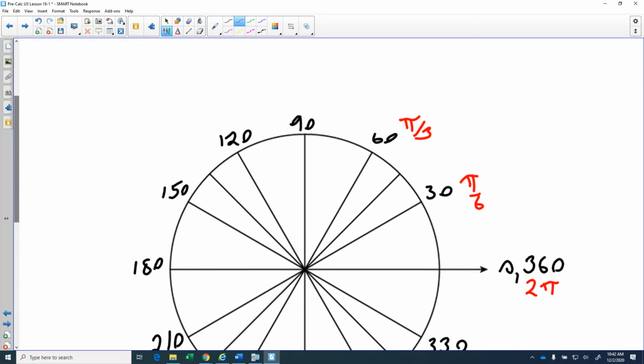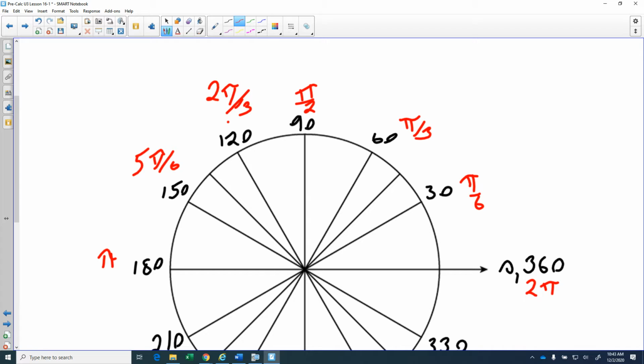At 90 degrees, we'd have pi over 2. At 120 degrees, we'd have 2 pi over 3. At 150, we'd have 5 pi over 6. And at 180, we'd have pi.